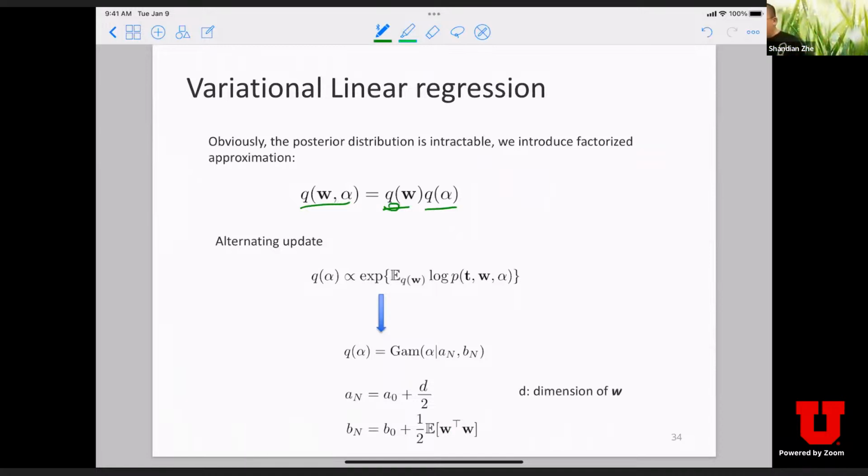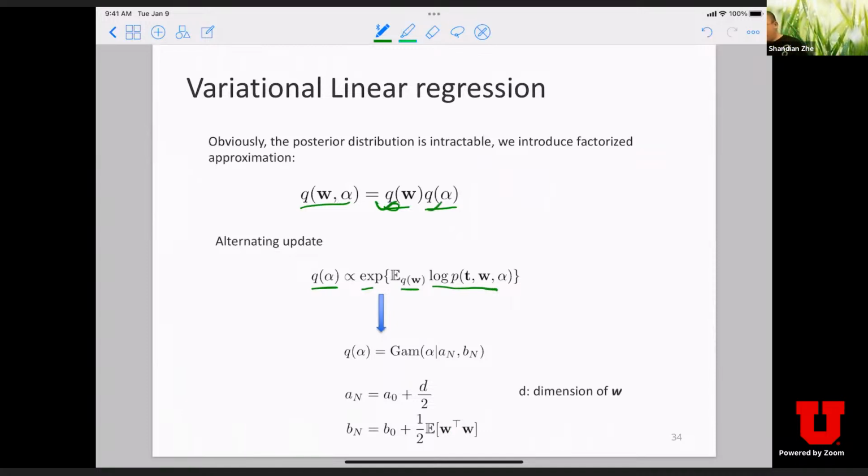And then let's see how we conduct the mean field variational update to optimize Q of W and Q of alpha. This is relatively straightforward. You just apply the mean field updating rule we just discussed, right? So to update Q of alpha, we fix Q of W, and then we compute the expectation of the log joint probability under Q of W only. Then you take the exponential and normalize it, and you get your Q of alpha.